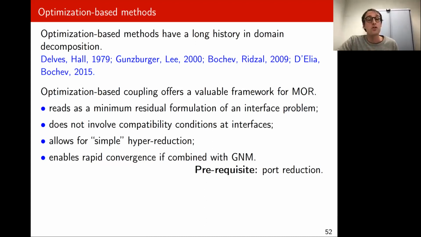It does not involve compatibility conditions at interfaces, which may be very, very tough to enforce in the model reduction framework. It allows for reasonably simple hyperreduction, and I can comment on that, and also enables rapid convergence combined with GNM. And here, again, the prerequisite is port reduction, really, rather than model reduction as well.